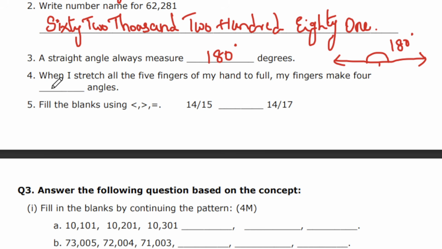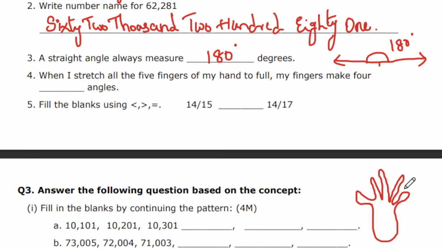Next, when I stretch all 5 fingers of my hand fully, my fingers make 4 dash angles. For example, I'm just drawing a hand here, with your thumb finger.